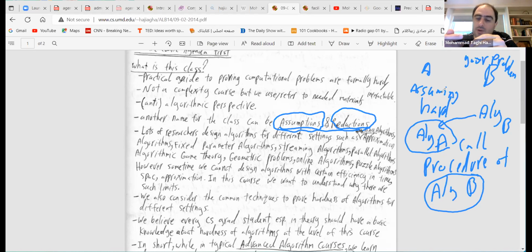In communication complexity, for example, we have proved that you cannot do better than this thing. So this assumption would be violated. It means that there is no algorithm for problem B that has such a running time, such an approximation, such a number of rounds, etc.